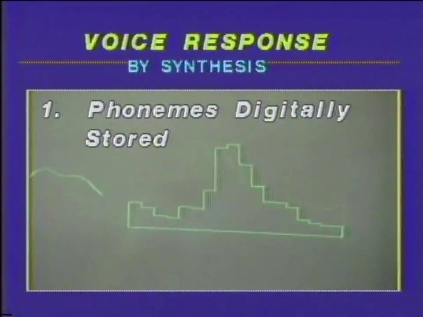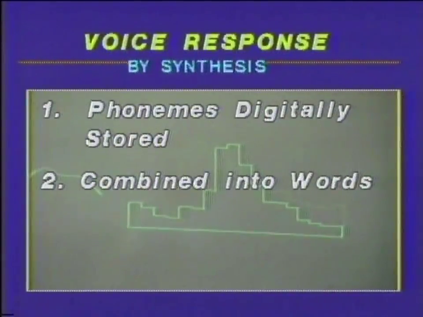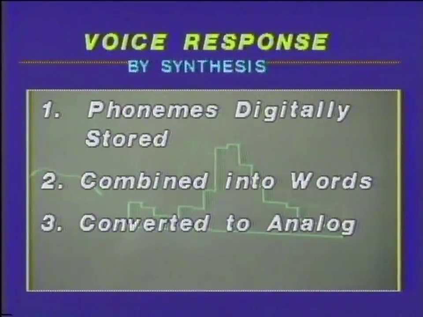The needed phonemes are recalled from computer storage when needed, combined into proper words, and sent to the listener through a digital to analog converter. There is a great deal more sophisticated processing which takes place to give the proper inflection to the words and make them sound as natural as possible. The end result today is a very good approximation of human speech.